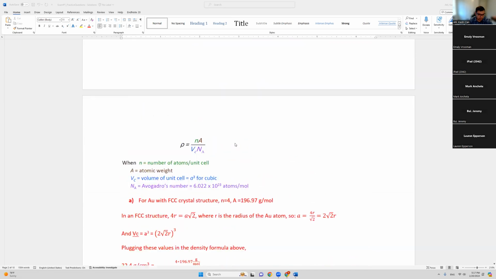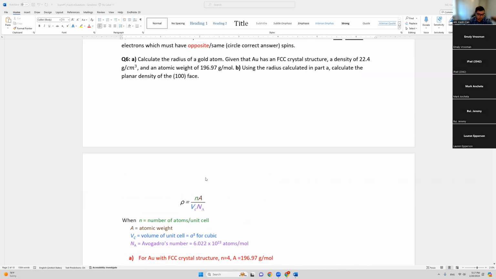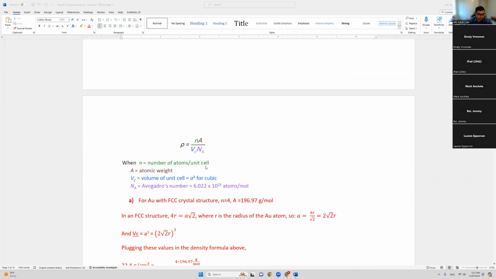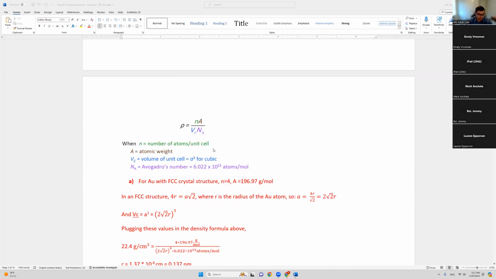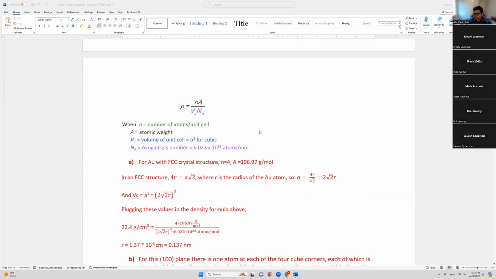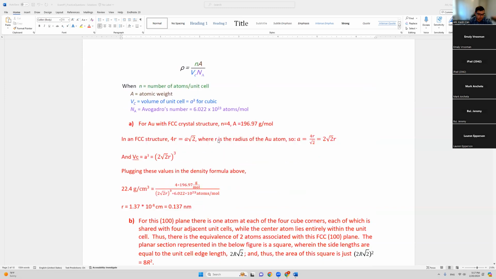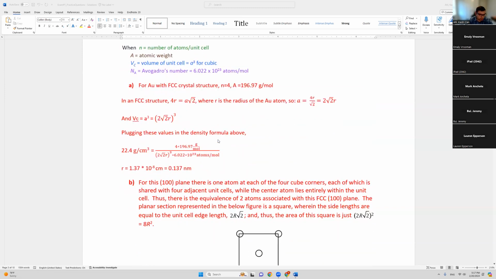So let's remember this equation for density. You will be provided these equations in the exam. Density is equal to number of atoms times the atomic weight divided by the volume of unit cell times the Avogadro's number. So for the solution for gold with the FCC crystal structure, first you should know that the number of atoms in an FCC unit cell is 4.